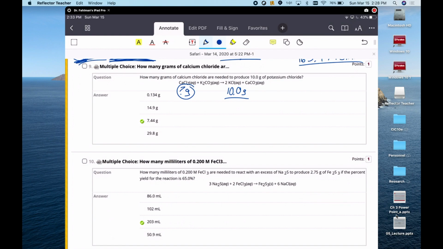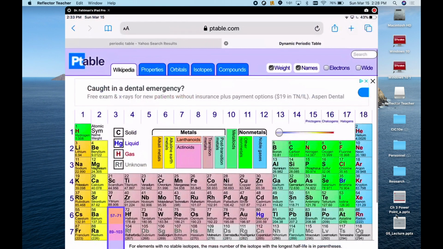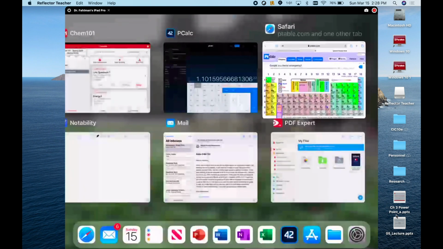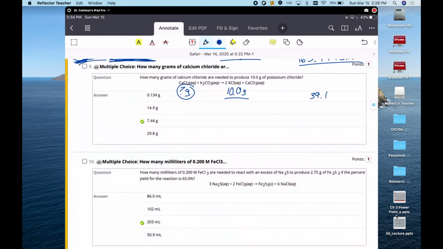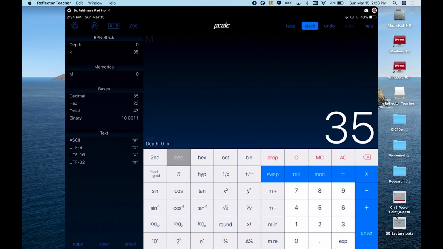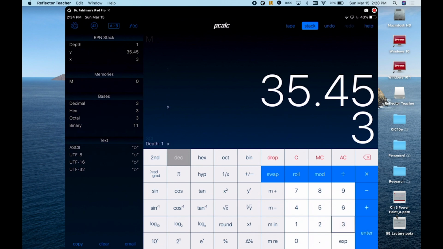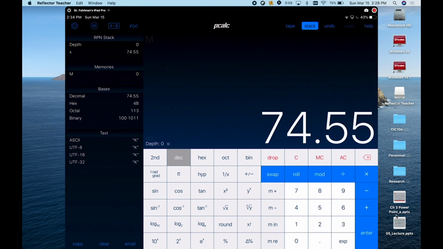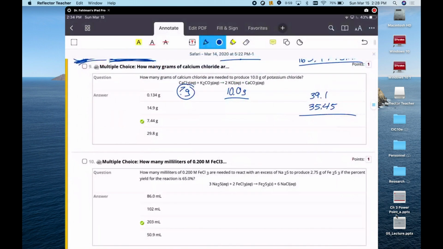Potassium is 39.1, we'll just say, and 35.45 for chlorine. So 35.45 plus 39.1 is 74.55, and that's grams per mole.